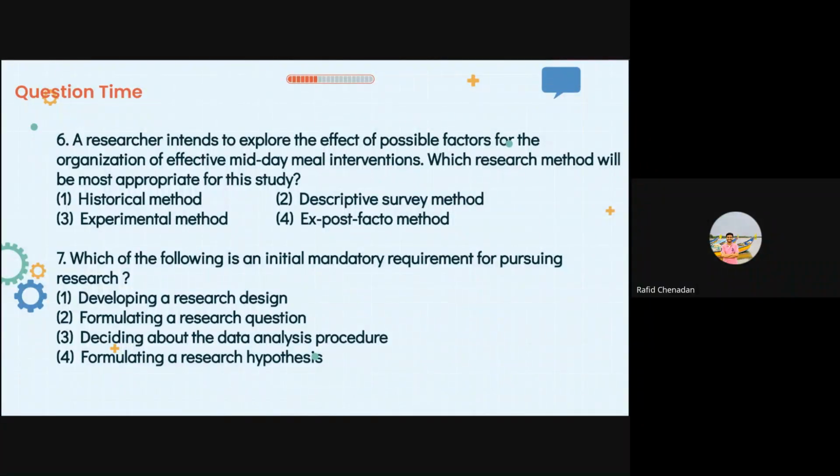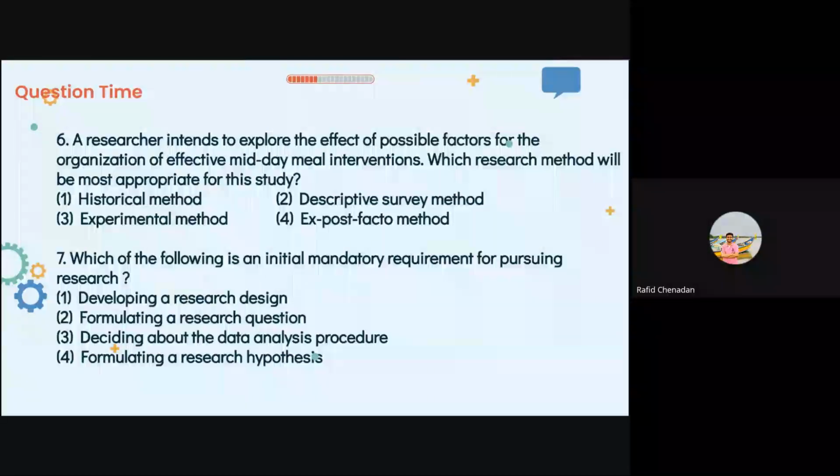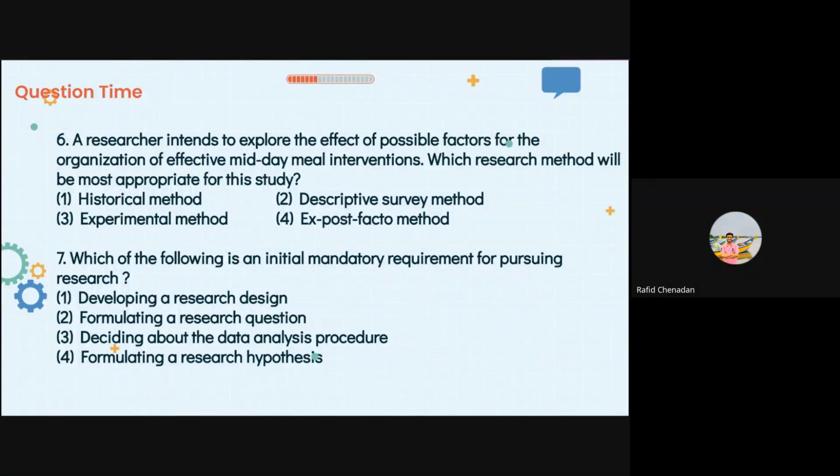Two threes and 2 fours. So we have a competition between 3 and 4, which is descriptive and ex post facto. And it's a good confusion as well. Anybody else?